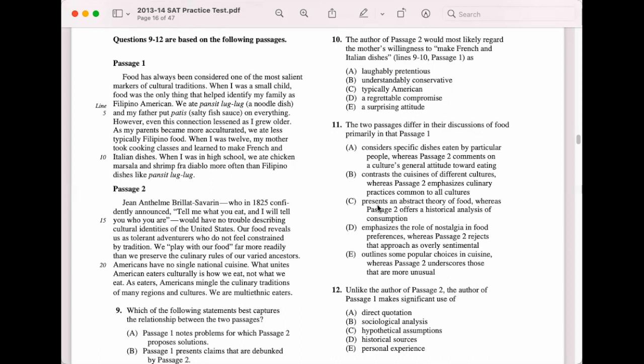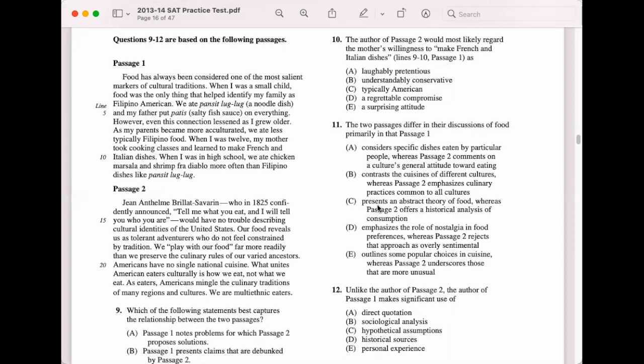However, even this connection lessened as I grew older. As my parents became more acculturated, we ate less typically Filipino food. When I was 12, my mother took cooking classes and learned to make French and Italian dishes. When I was in high school, we ate chicken marsala and shrimp fra diavolo more often than Filipino dishes like pancit lag-lag.